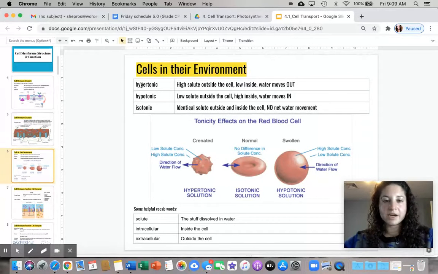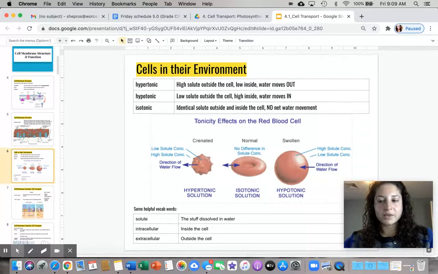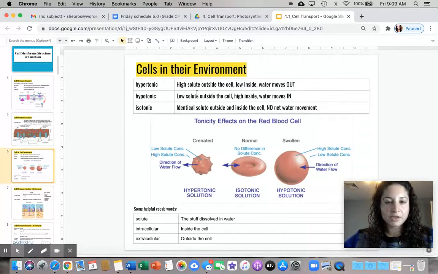So this word here, hypertonic, these are all talking about the environment outside of the cell. So if you have a cell sitting in a cup of water, the outside environment, the water, is what we are referring to with hypertonic, hypotonic, and isotonic.